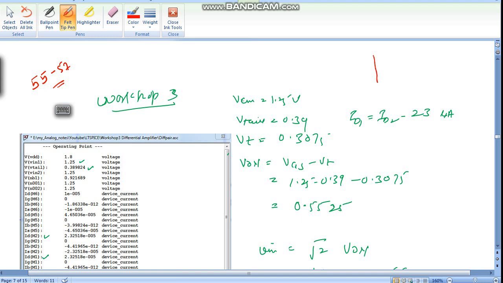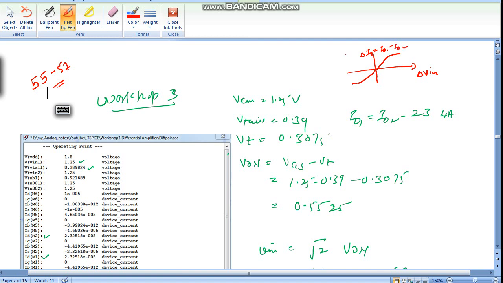So here we will see, if we increase delta Vin for the diff pair, how delta ID, which equals ID1 minus ID2, changes.